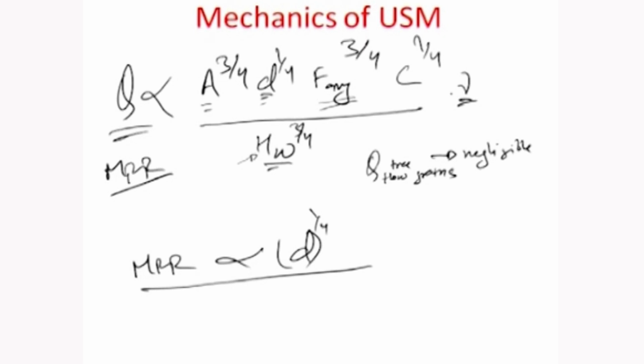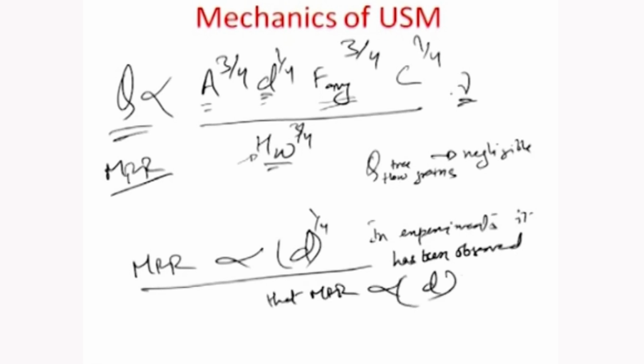Unfortunately, that is not so, because in experiments it has been observed that the material removal rate is proportional to the first power of d and not d to the power of 1 by 4 here. So, this was a discrepancy that arose from the Shaw's model.